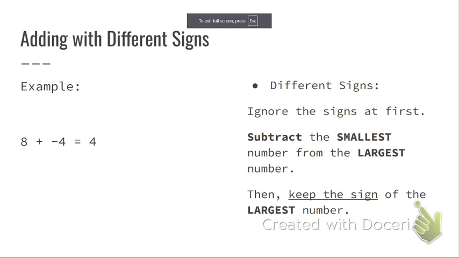And yes, you will be allowed to use a calculator, but many times I see people missing things because they didn't realize they punched the wrong button, and they probably would have been more accurate if they just understood the rules a little better. So this one again, different signs, so subtract, and the larger number here is positive, so the 4 is positive.